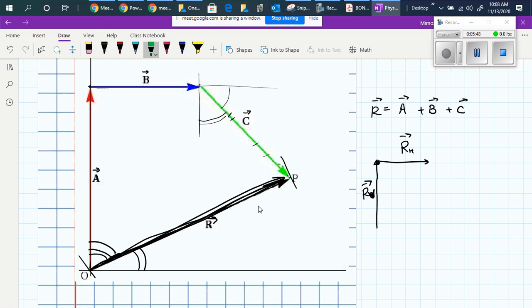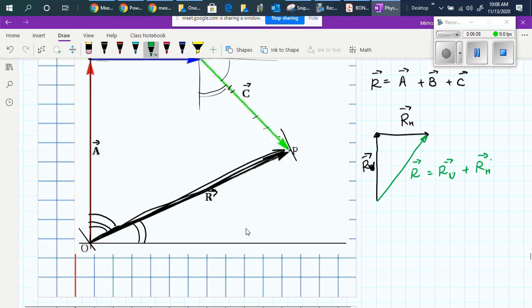So we are plotting the vertical and then the horizontal, and then we are closing the polygon, showing that the resultant is the vertical component plus the horizontal component of the resultant vector.